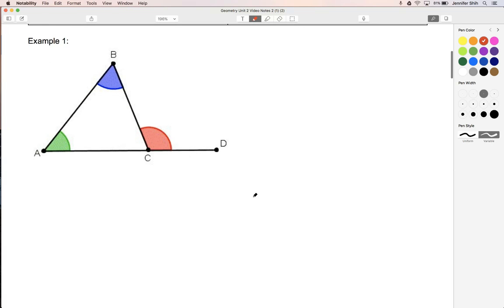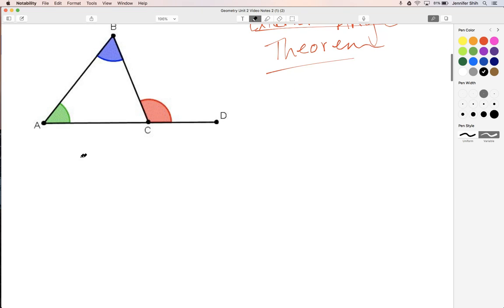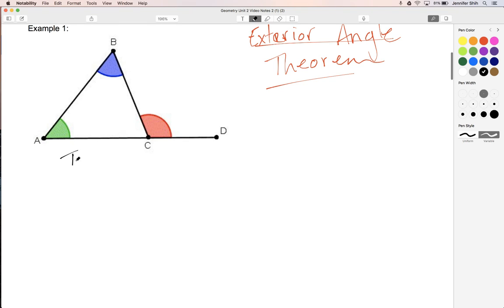We have 5 examples in these notes, and the first one is the exterior angle theorem. Exterior means outside. What does this mean? Previously in geometry, you learned that triangles add to 180.